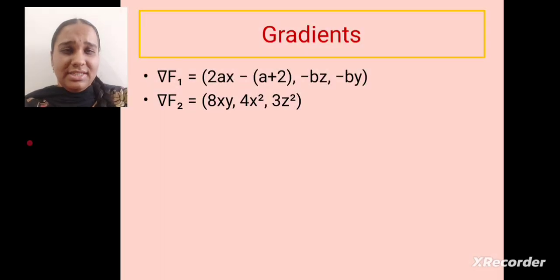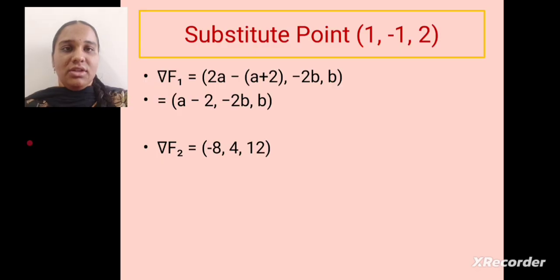Then the gradients of these two functions are gonna be: gradient of f1 is 2ax minus a plus 2, comma minus bz, comma minus by, and gradient of f2 is gonna be 8xy, comma 4x square, comma 3z square. We're gonna substitute the point that they have given, 1 comma minus 1 and 2.